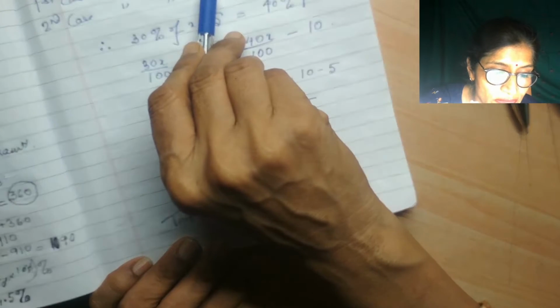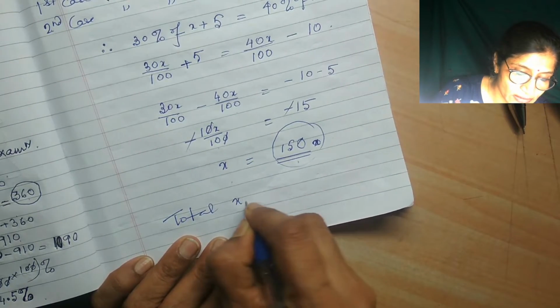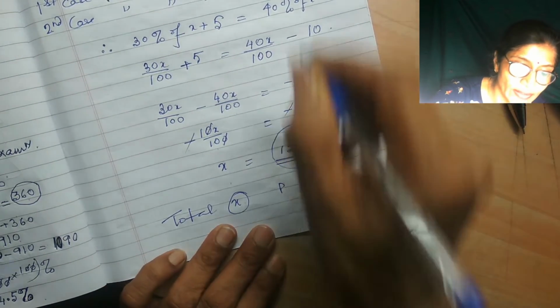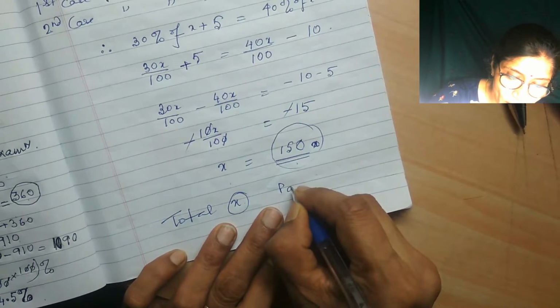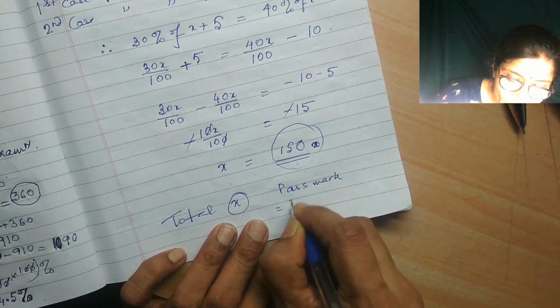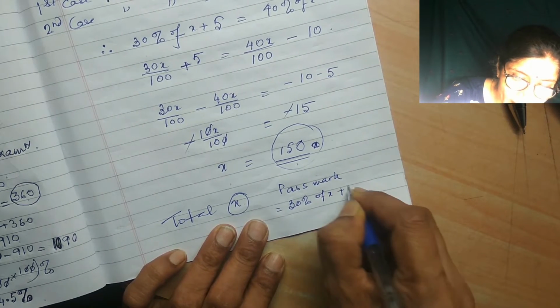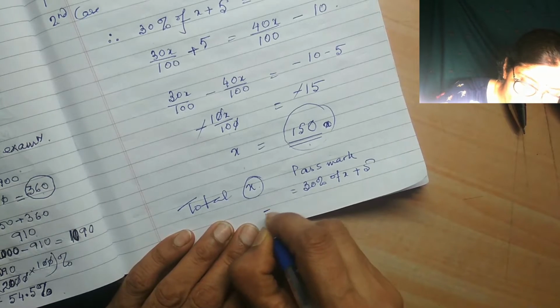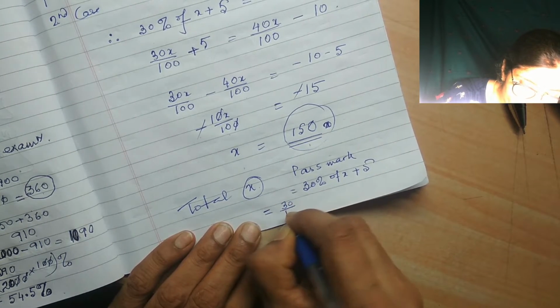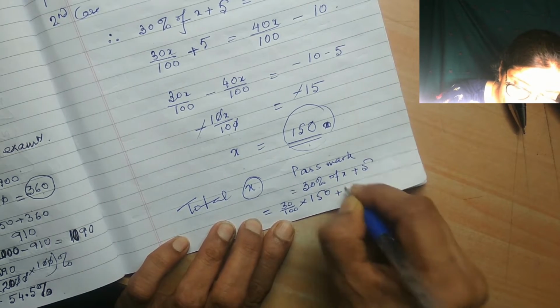What are the minimum pass marks required to pass? Okay, it is asking for the pass marks required to pass. So the total is x, and for the pass mark you can consider either one. The pass mark will be equal to 30% of x plus 5, that is 30 divided by 100 into 150 plus 5.